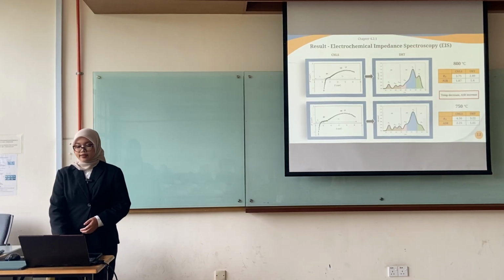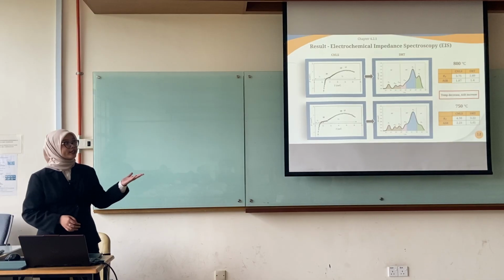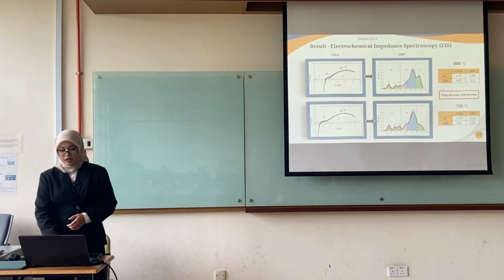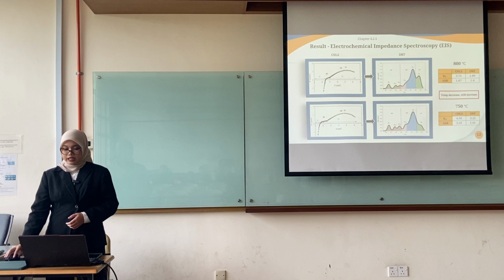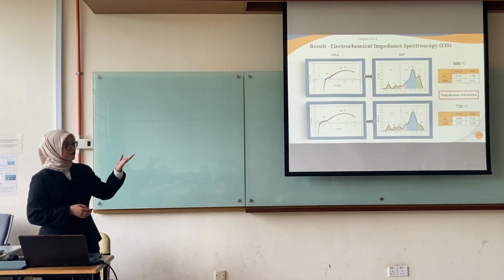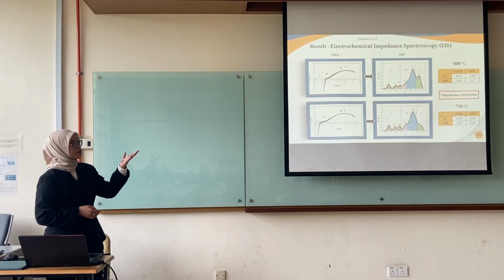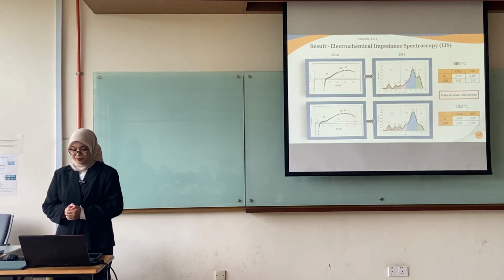The studies begin with the result of EIS from the Nyquist plot analysis to the DRT analysis. The table on the right shows the results at temperatures of 800 degrees Celsius and 750 degrees Celsius.